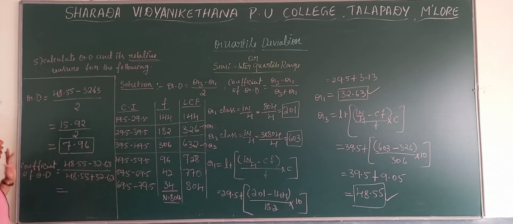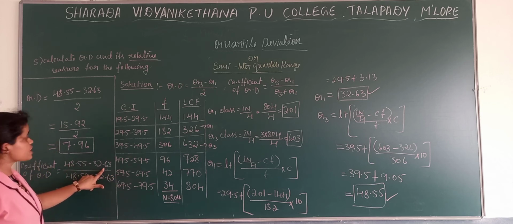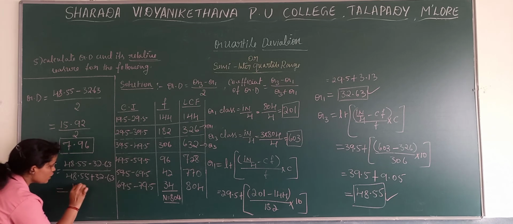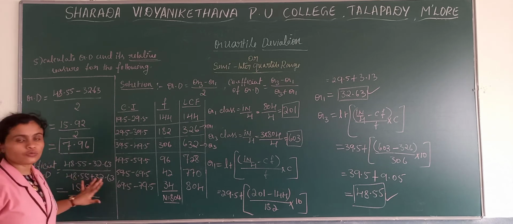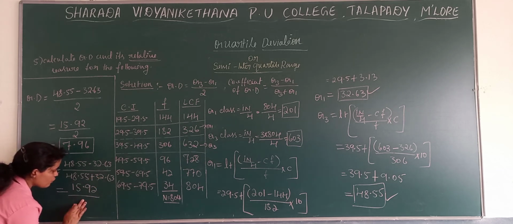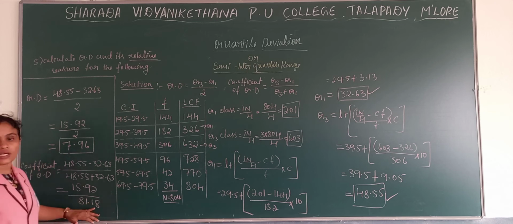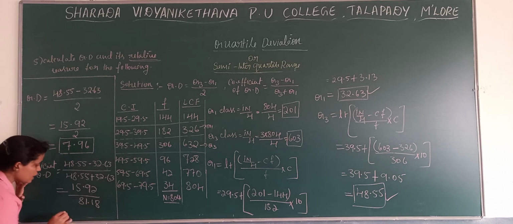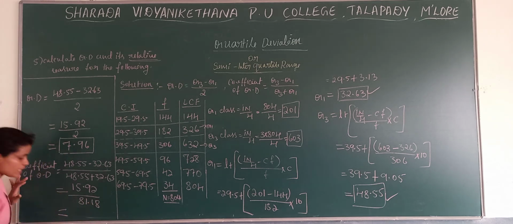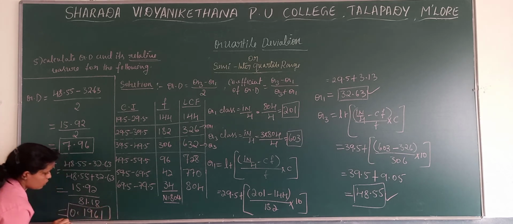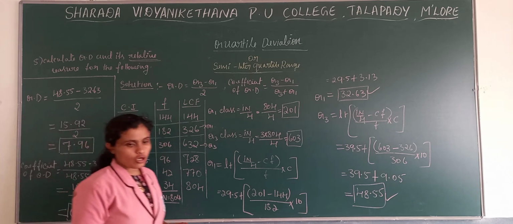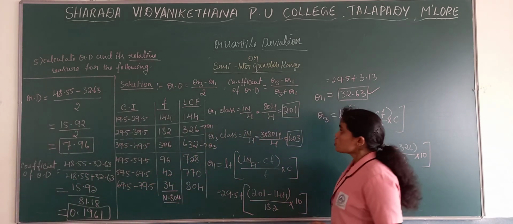So 48.55 minus 32.63, we get 15.92, and when we add these two, we get 81.18. When we divide it, we get 0.1961. So this is the coefficient of quartile deviation.